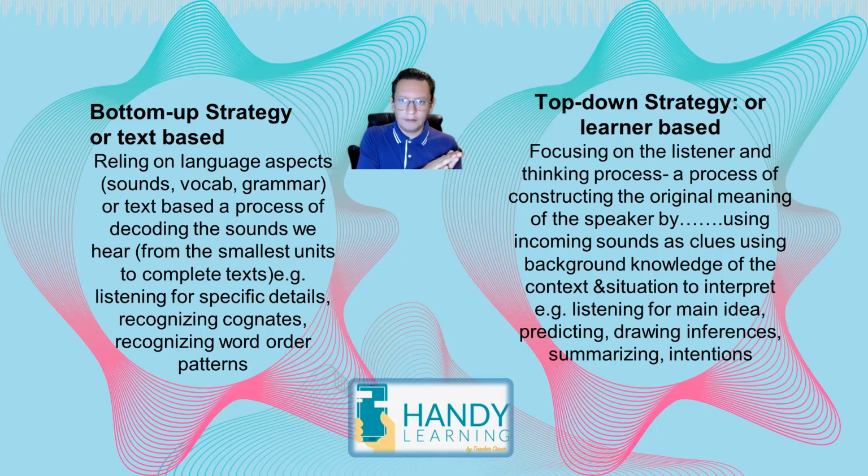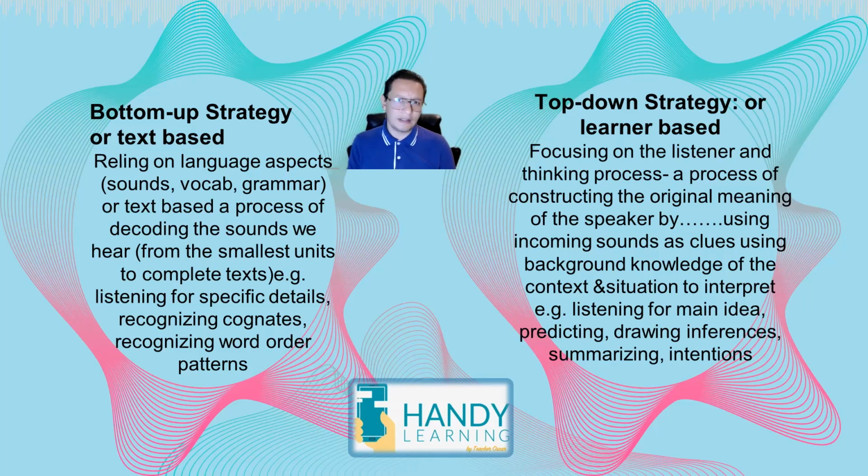On the other hand, the top-down strategy will go for the communication, for the functionality of the skill. For example, we want our students to be able to understand the gist of a conversation, to be able to understand the mood of the speakers. And that is functionality of a language. We don't want them precisely to understand the theory.